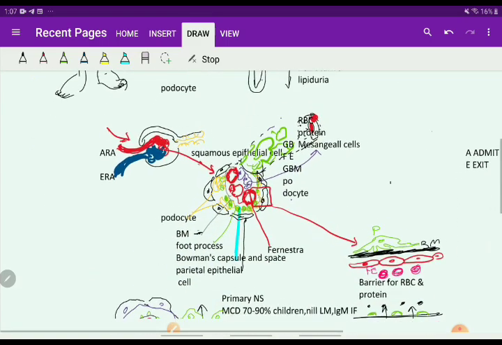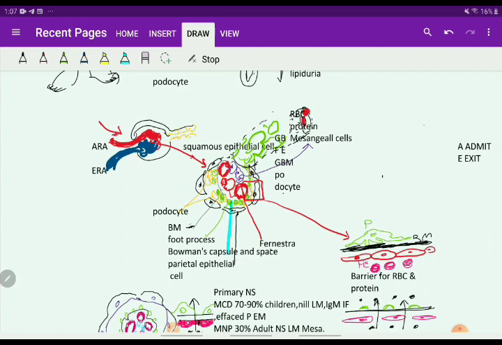If we take a cut section in the glomerulus, we can see the Bowman capsule and the glomerular tuft, composed of the afferent renal arteriole and the efferent renal arteriole. The blood comes and passes through this fenestrated capillary, and it undergoes filtration of the plasma minus protein.